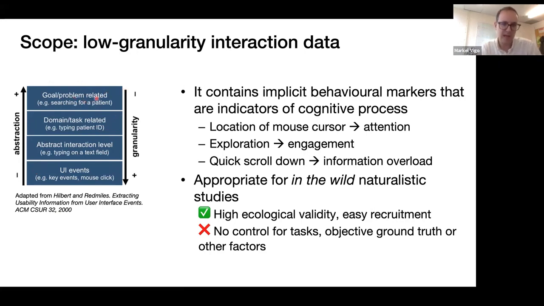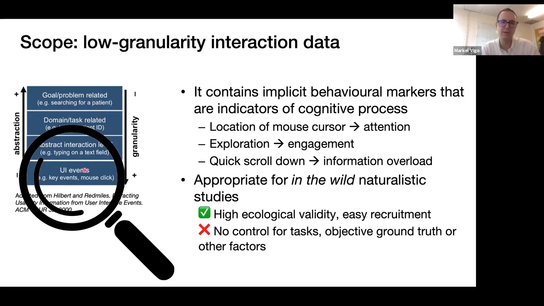Here at the top of the stack, you have indicators of explicit behavior. So someone is searching for a patient on a form, right, on a search engine, while low granularity data contains implicit behavioral markers, okay? Things that people do unconsciously, but are there in the human cognition, right? So I'm interested in this bottom part of the stack.